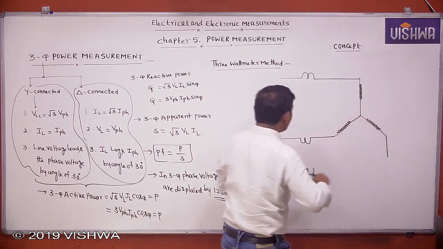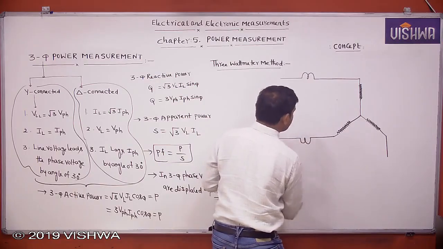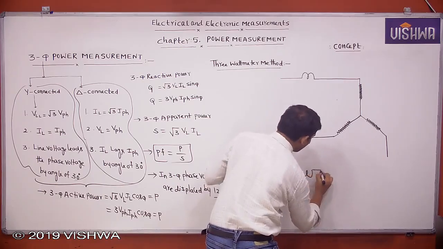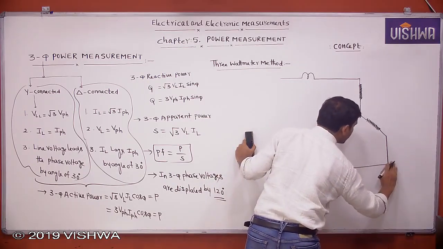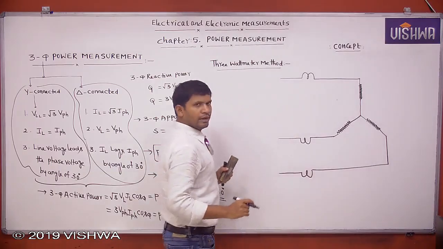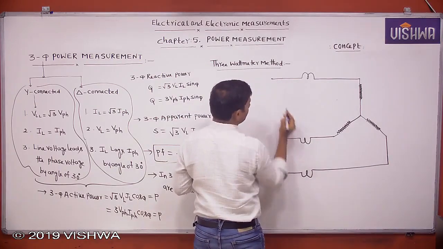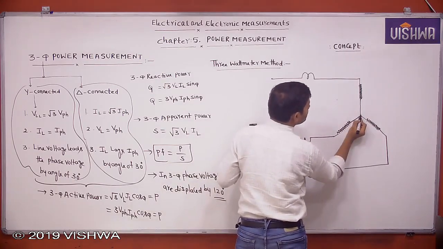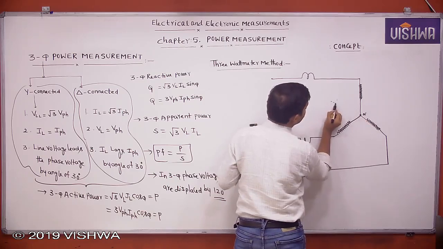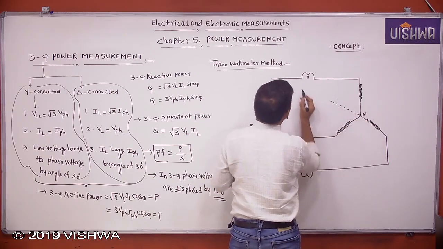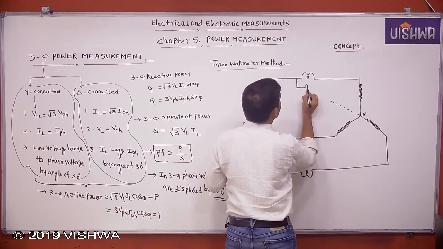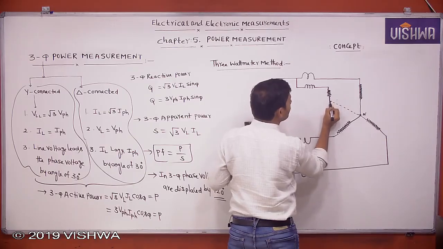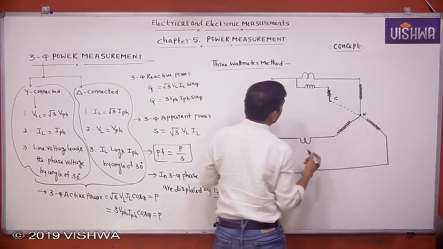For each phase, we connect 1 wattmeter. Let this be the neutral point or common point.